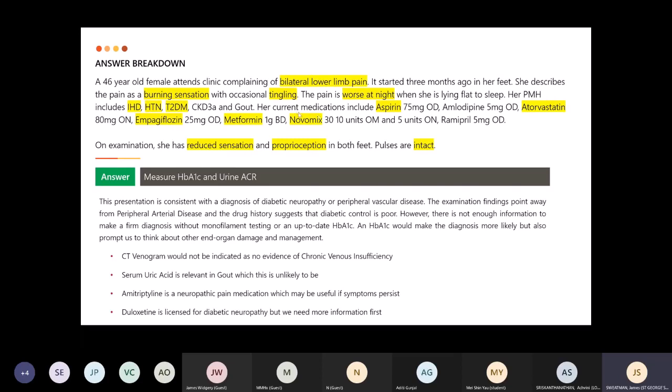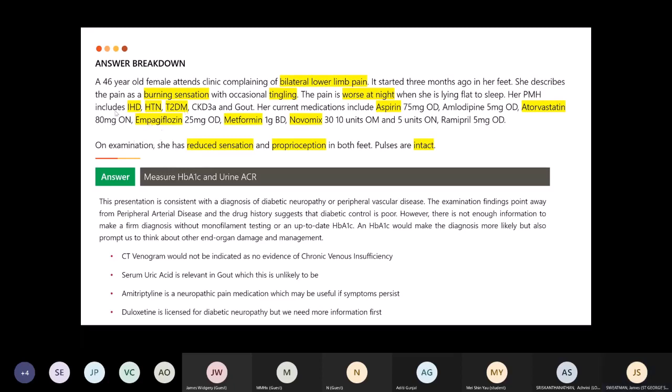It's not peripheral artery disease because her pulses are intact. And we don't know anything about the status of her feet or her legs to think that it is chronic venous insufficiency, although that's fairly reasonable as a differential diagnosis. But when it looks like a horse and it sounds like a horse, you've got to think it's a horse, right?